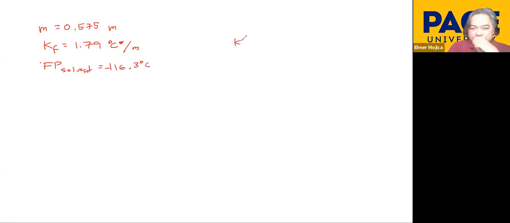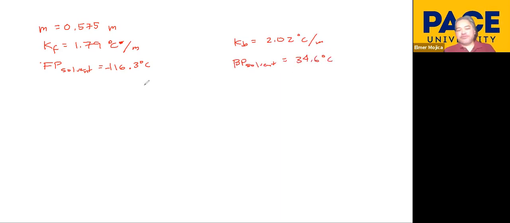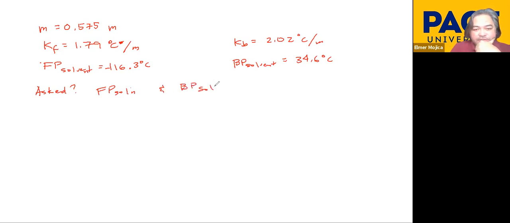And then we're also given the Kb, which is equal to 2.02 degrees Celsius per molal, and the boiling point of the solvent, which is equal to 34.6 degrees Celsius. So what's the one being asked? The freezing point of the solution and the boiling point of the solution.